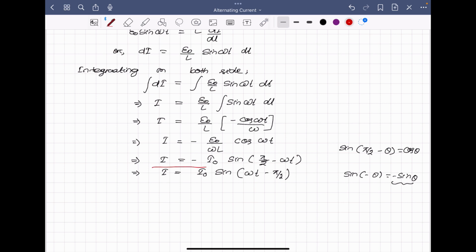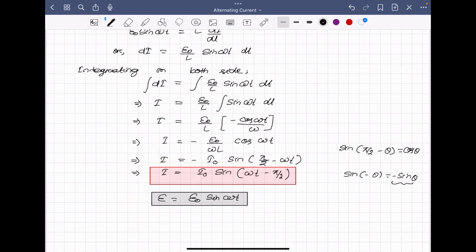Just observe this one. Initially we take E as E naught sine omega t, and here we got I equal to I naught sine omega t minus pi by 2. That means the phase of current is less than the phase of EMF.